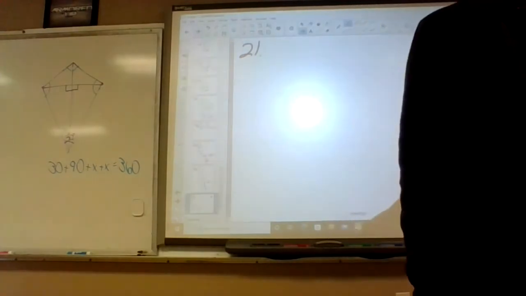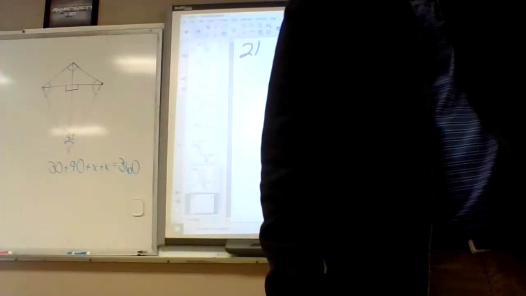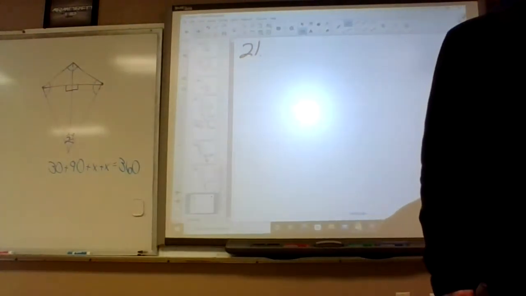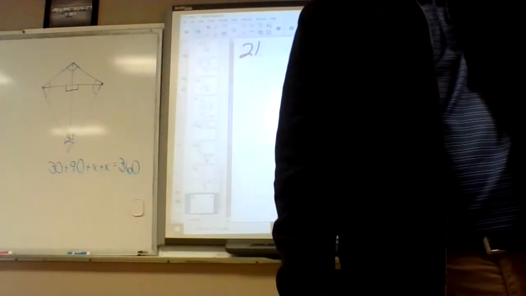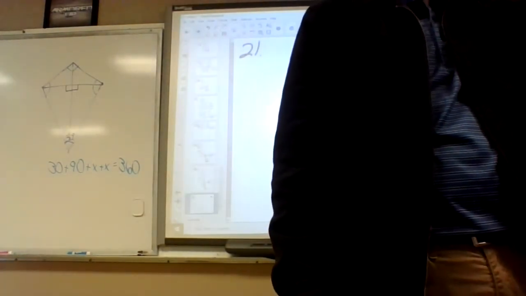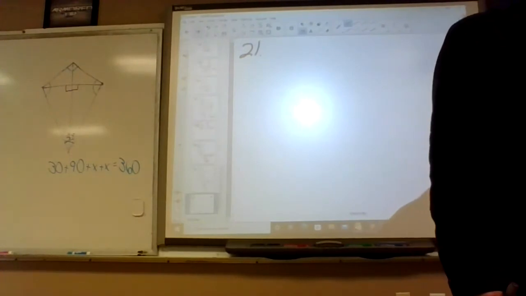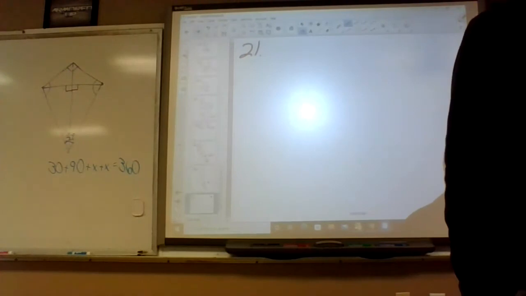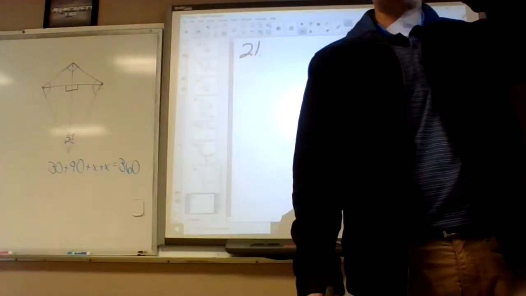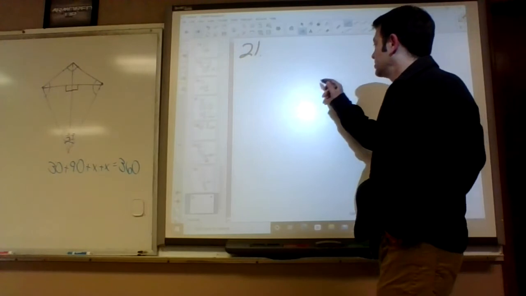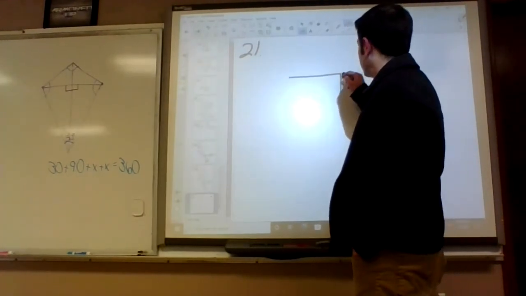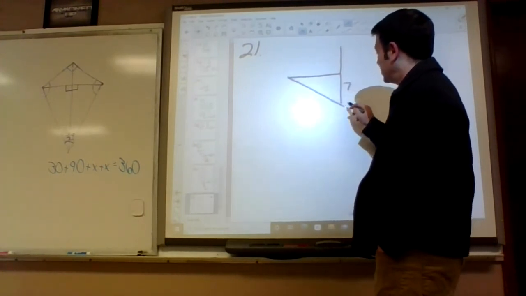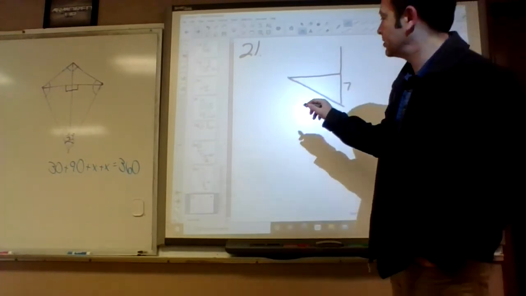Okay, it says find EM if TA is 14. If TA is 14, how long is IA? You guys looking at that picture on 21? 7. Because TA is like that, so if that's 14, this is 7. And it gives 15 for the outside.